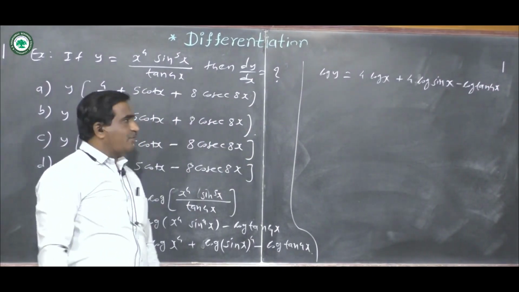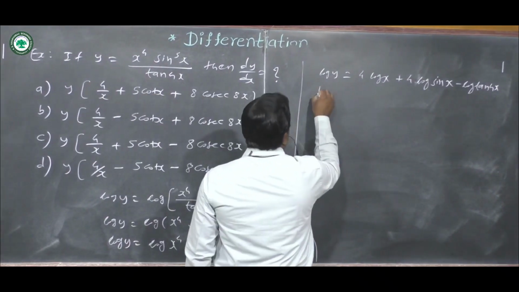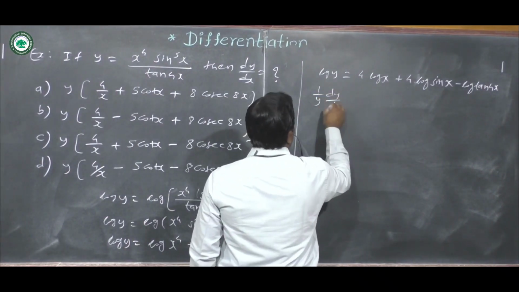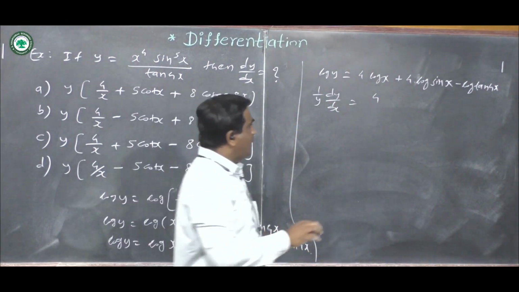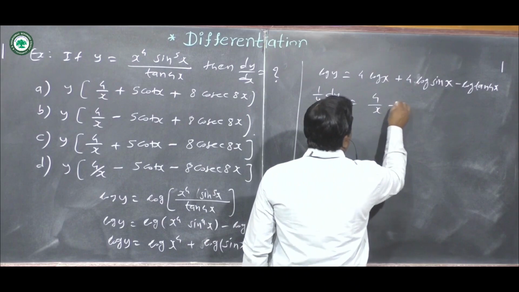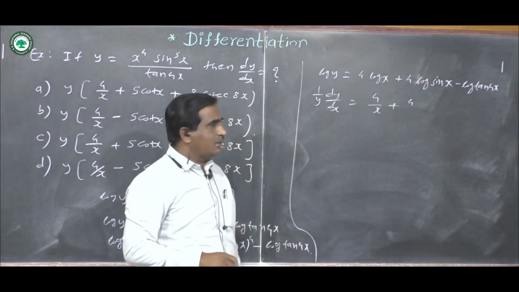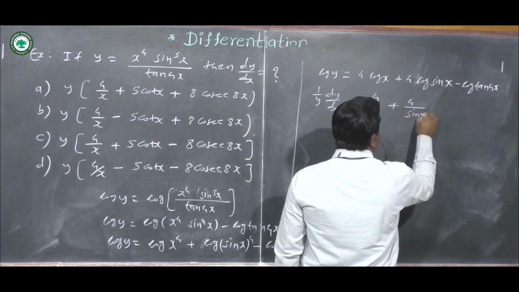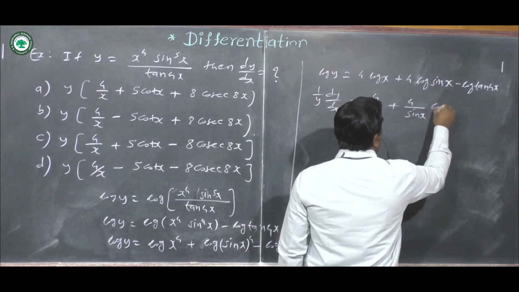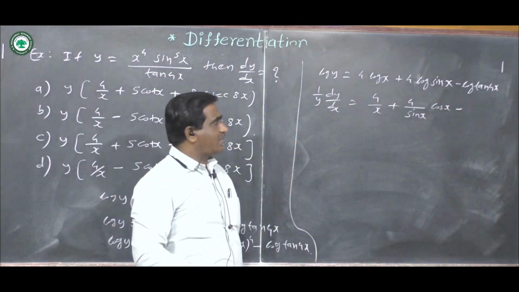Okay, now we can take the derivative of this equation. Derivative of log y, 1 upon y into dy by dx equal to 4 into derivative of log x, 1 upon x, plus 5 into derivative of log of sin x. Derivative of log of sin x is 1 upon sin x into derivative of sin x, which is cos x, minus derivative of log of tan 4x.